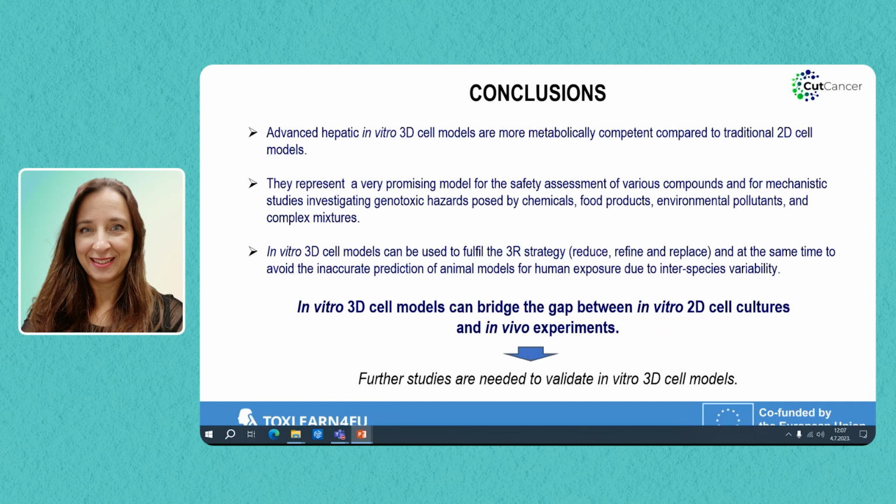And here we are using human cell lines. As I mentioned before, these 3D models will probably not replace the animals, but they for sure bridge some gap between the 2D models and the animals. And of course, it's important to further validate these models.